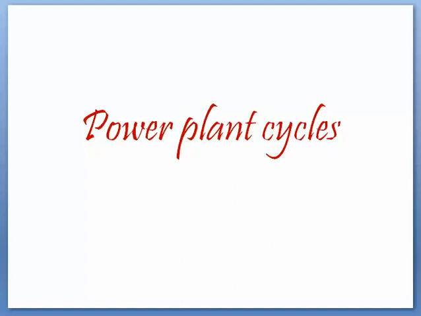Now we will see how the work is developed by steam to rotate the prime mover when it undergoes various processes in a cycle, and our main focus will be on the Carnot cycle and Rankine cycle.